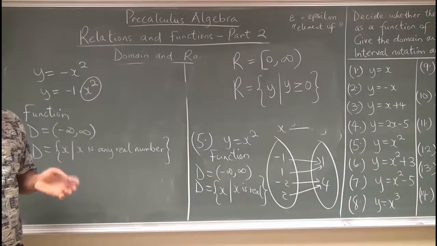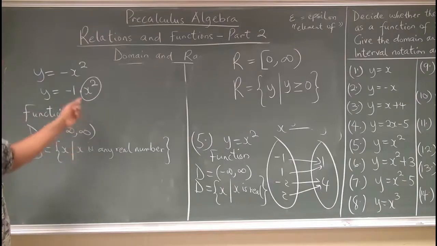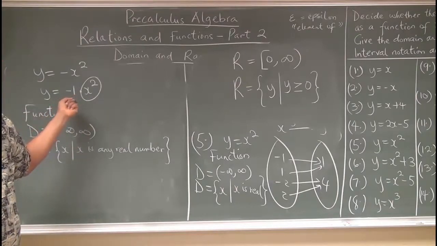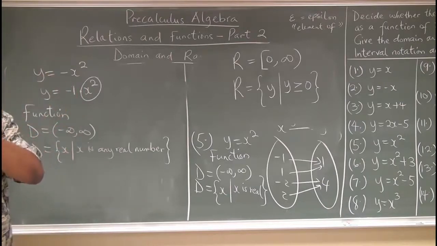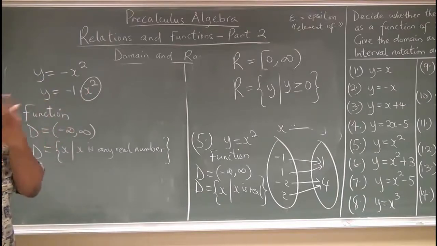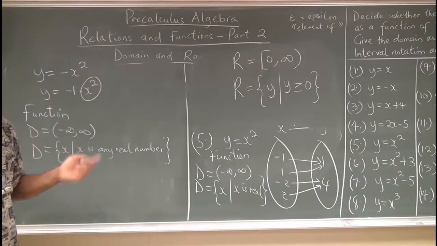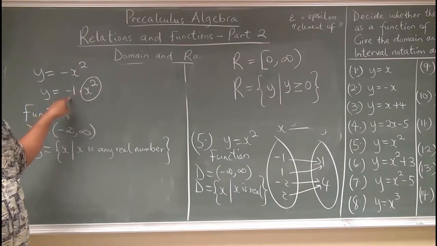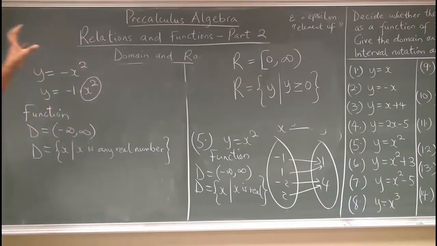But guess what? If it's now positive, it's going to be multiplied by a negative 1, which will make it negative. Now, 0 is still included because 0 times negative 1 will still give you 0. 0 times any number will still give you 0. So, 0 is still included. But it will be from 0, and then moving down to negative infinity. None of it will be positive, because it will be multiplied by negative 1.